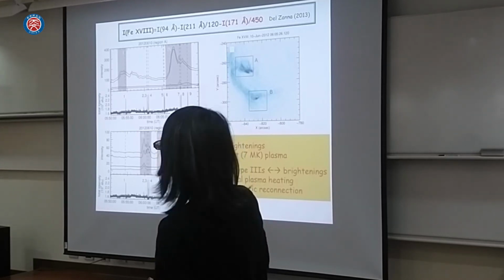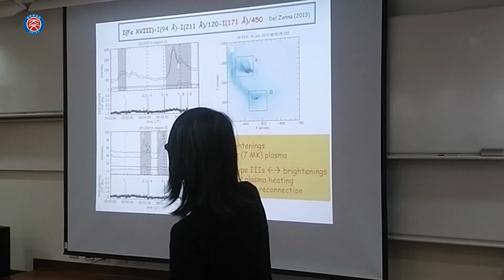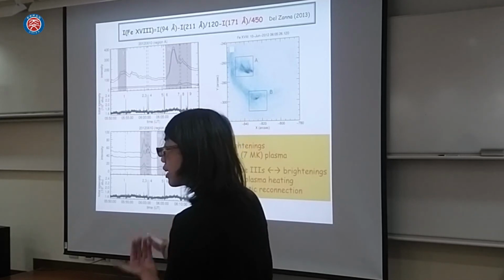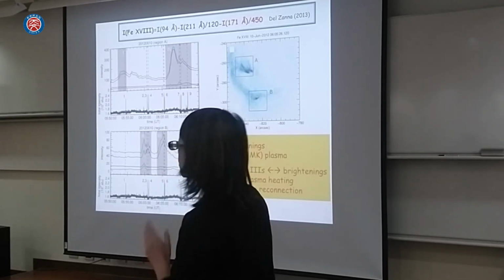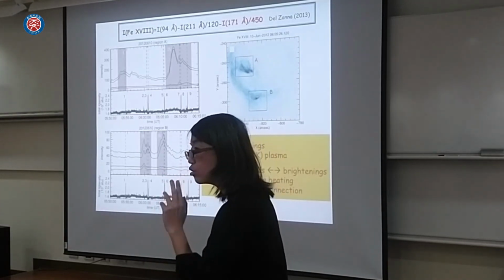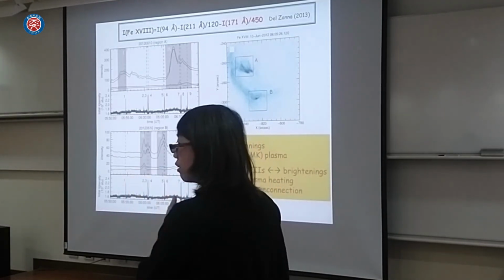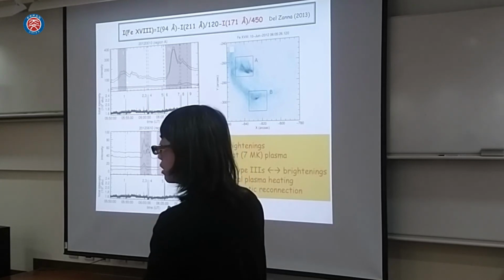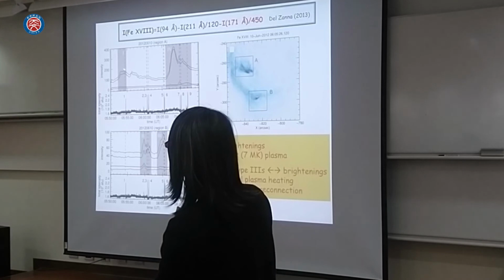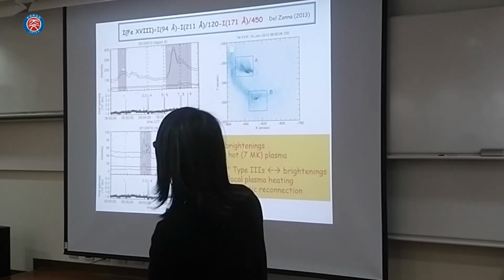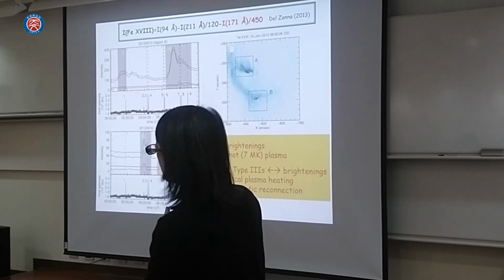So from these 2 plots, we can say the brightening in the 94 image should be mainly coming from the hot plasma, because you see it's very close between the green curve and the blue curve.